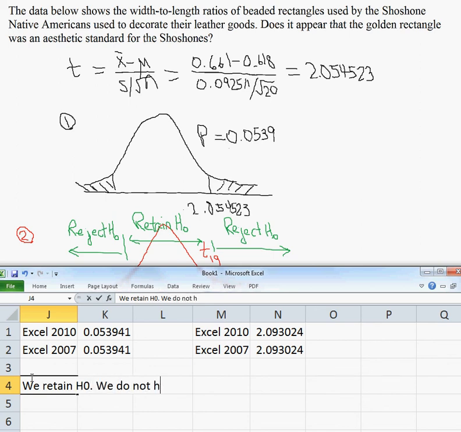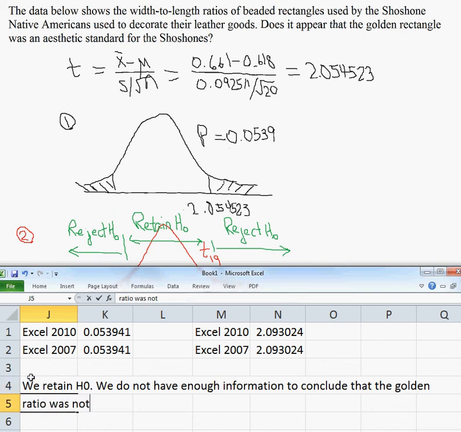We do not have enough information to conclude that the golden ratio was not an aesthetic standard for the Shoshones. Now notice the funny way that this is written. We have a double negative: we do not have enough information to conclude that it was not an aesthetic standard.